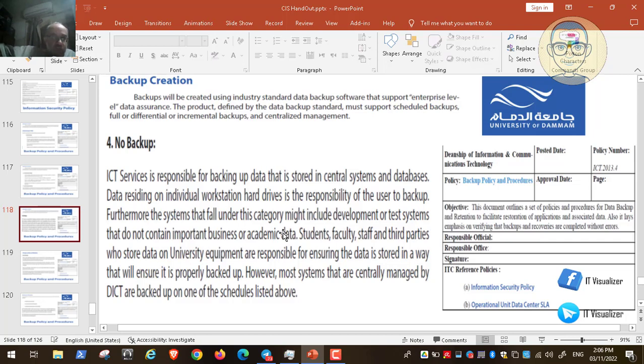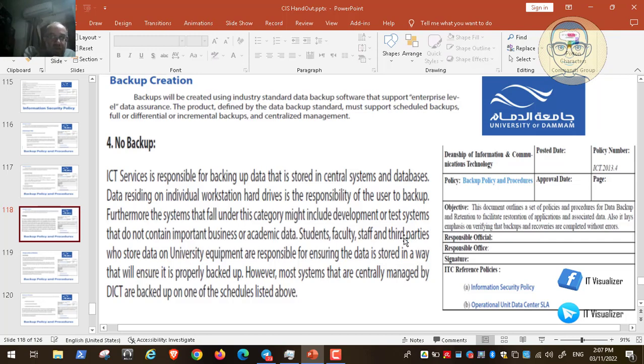He is using special software he has downloaded, so we cannot detect this software. It is software installed by the user, so we are not responsible for this kind of data, and it does not contain important business or academic data. So he's using a program, for example, maybe not used in business, something related to him.